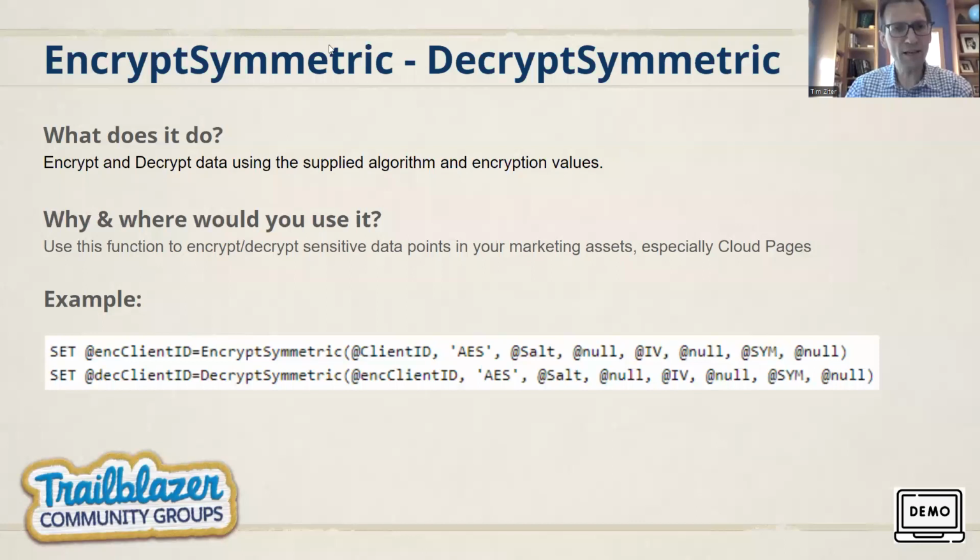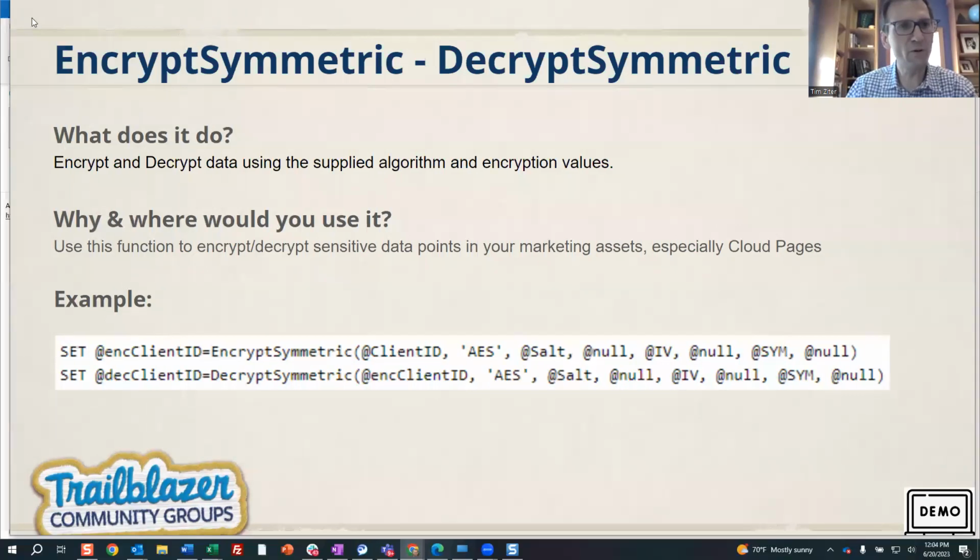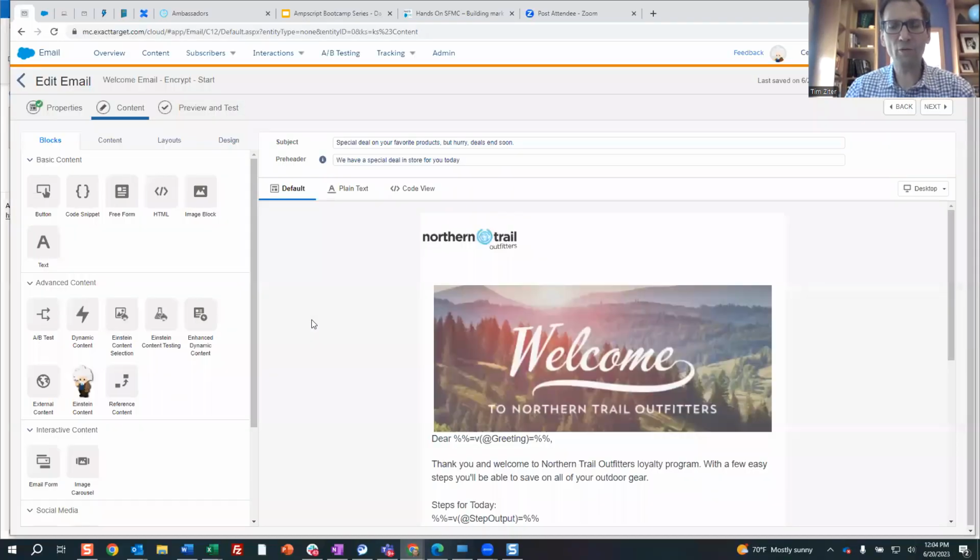Let me just dive in. We'll go right into the platform and go over how we're going to build and use this solution. You might notice this email from one of our earlier sessions. It's a welcome email, and I've got in here a header script, a code snippet block with a variety of commented-out sections where we'll be doing our work. We're going to build this in Ampscript in the email content itself, and then show how it's used in a cloud page.